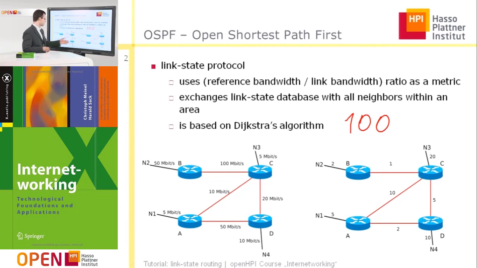And similarly for all other links, 2, 5, 2, 5, and here 20. We have 5 megabit here, 100 divided by 5 is 20. So the smaller cost of the link, or the smaller metric, always means the higher bandwidth and higher preference for the router.